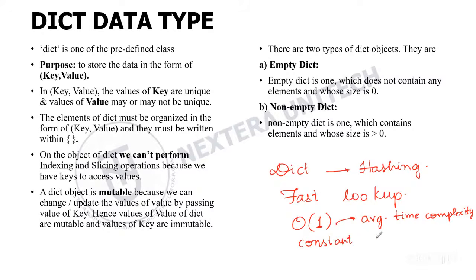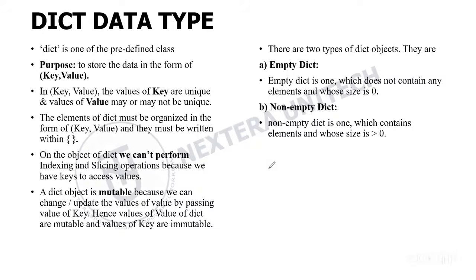So if there are 10 pairs of values or 1000 pairs of values, it will take the same time to get a value when you give the key. That is why it has a very fast lookup. And also, one more main thing you need to remember is that earlier the dictionary data type was unordered.